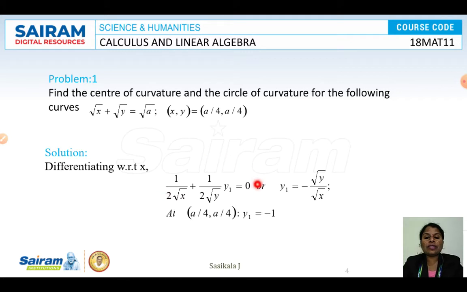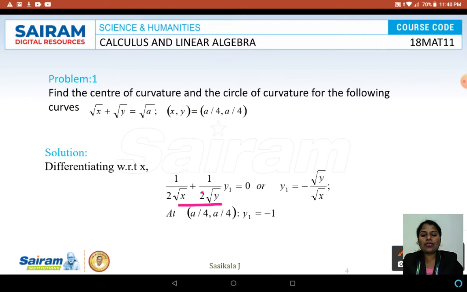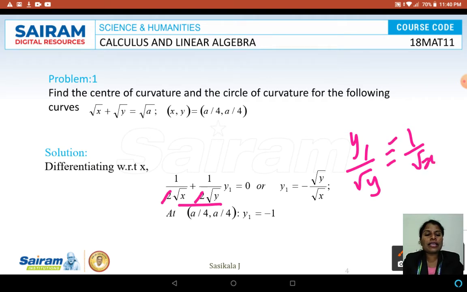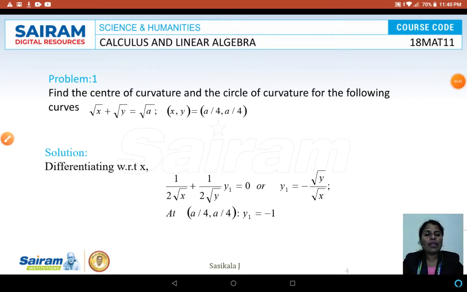Then y1 by root y is equal to minus 1 by root x, so y1 is equal to minus root y by root x.